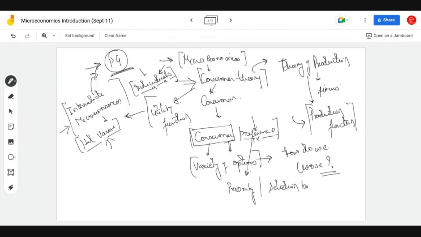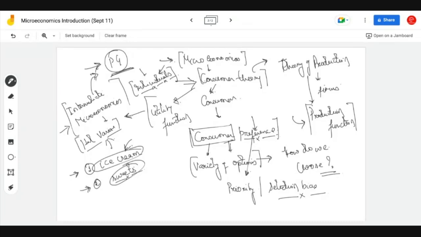You can talk about selection bias. Let's take two examples: ice cream and sweets. Some of us might choose ice cream, and for some of us, sweets are more important than ice cream. Therefore, ice cream is preferred by some consumers and sweets by others.